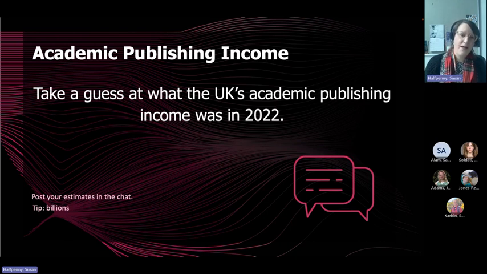So is anyone brave enough to type an estimate within the chat there? Hoping one of my colleagues might put something, and don't know the answer. Or maybe they do know the answer.